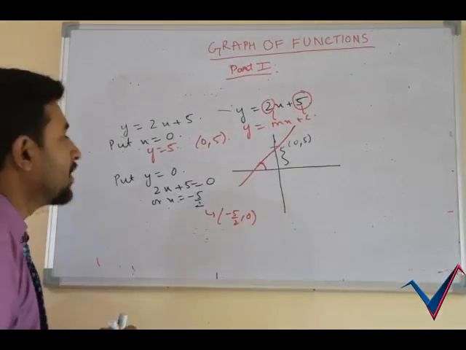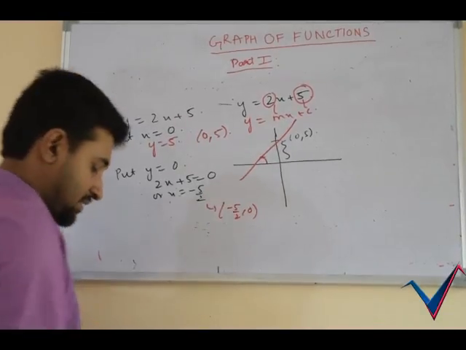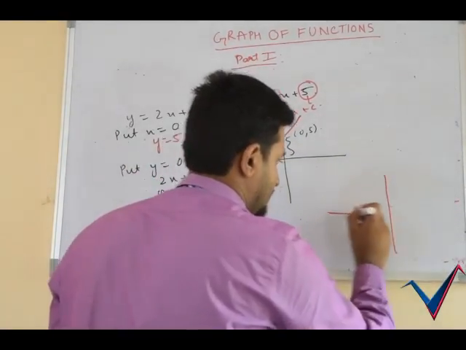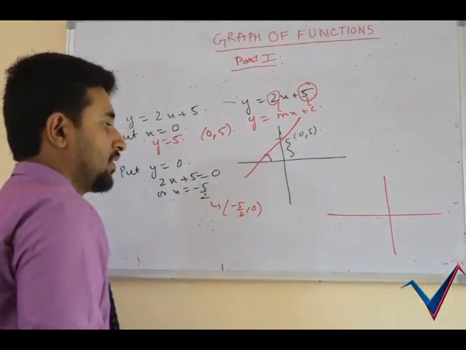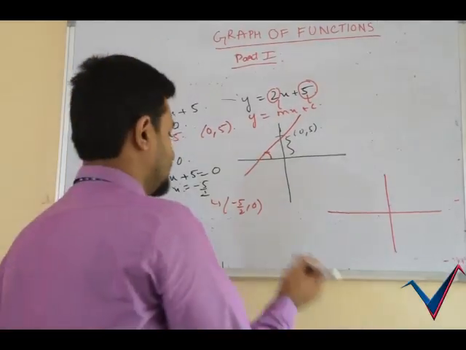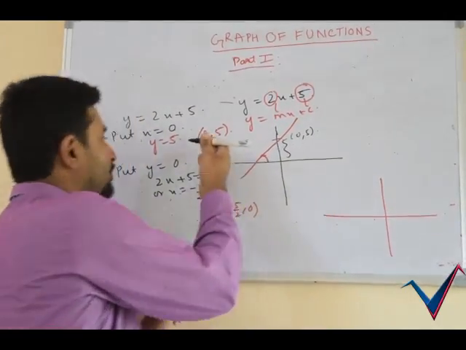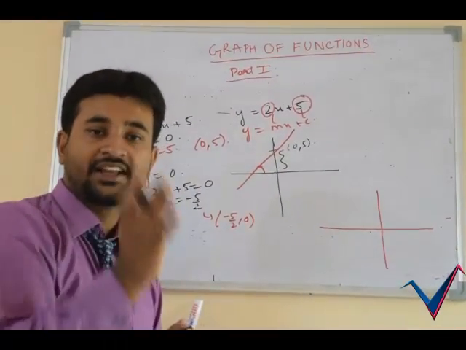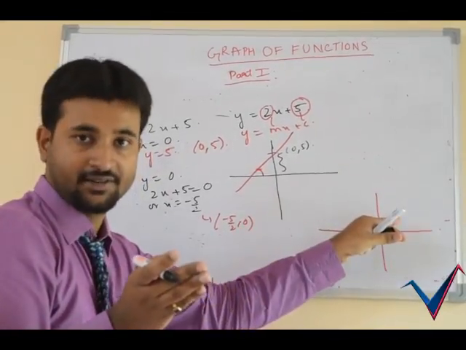Now you have two points. How to plot the graph? See the coordinates, you have (0, 5) and (minus 5 by 2, 0). The straight line passes through these two points. So first plot the points on the xy plane.